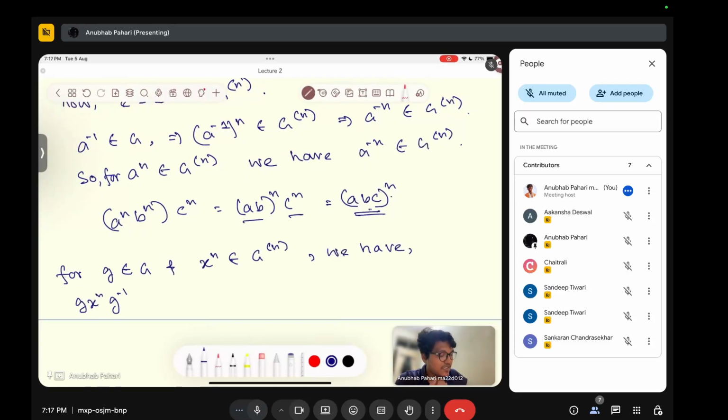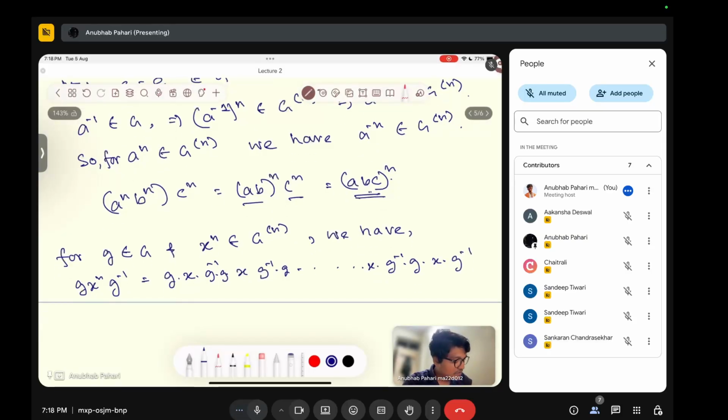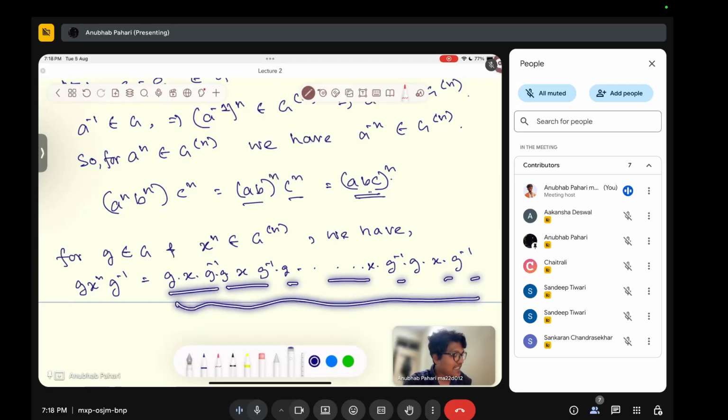If you just use that g x g inverse, g x g inverse, and do this up to g x g inverse, so like this, these are happening n times.